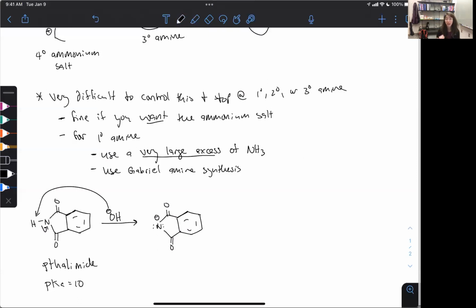So if I add an alkyl halide to this, I'm essentially going to do just an alkylation like we did with our 1,3-dicarbonyls. And again, this is SN2, governed by all the same SN2 rules that we've learned.